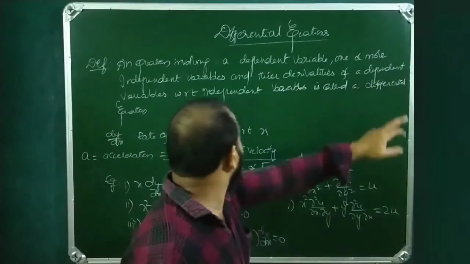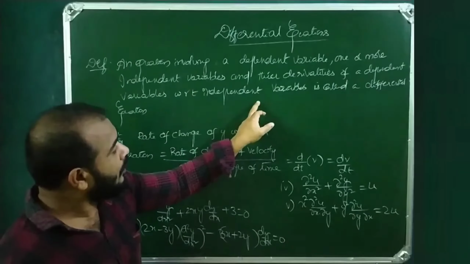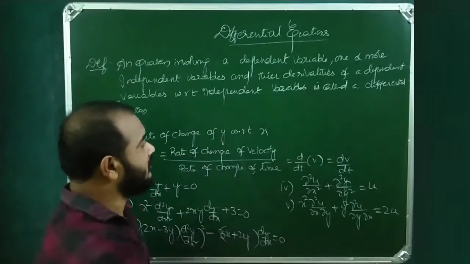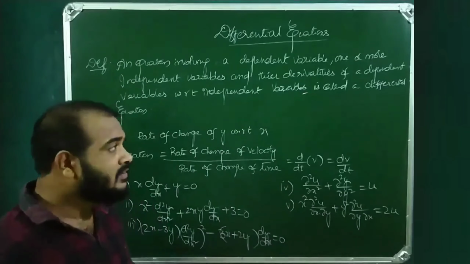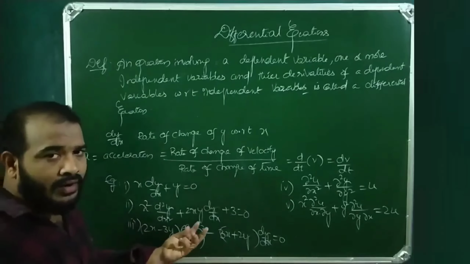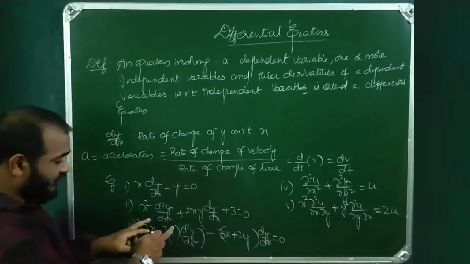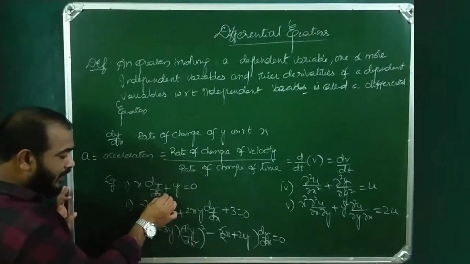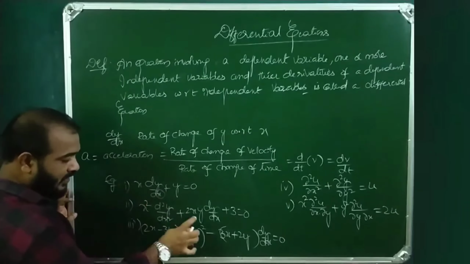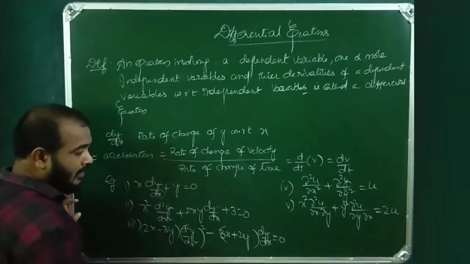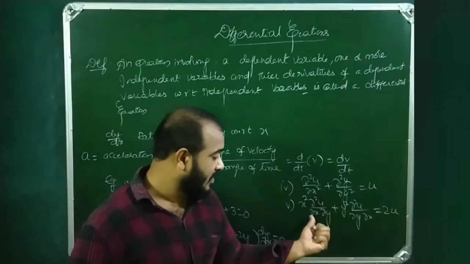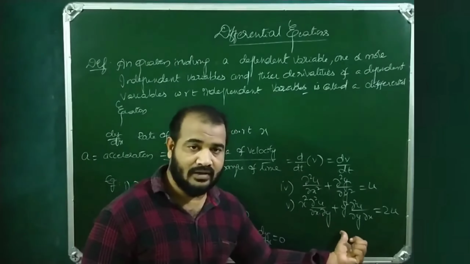The derivatives of the dependent variable are with respect to independent variables, which may be one variable or more than one. In the earlier ones the independent variable is one, but if you consider the last ones, there are two independent variables.